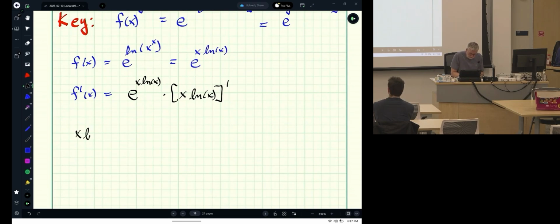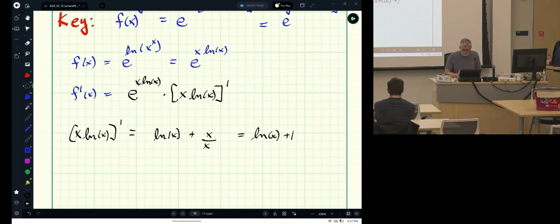And then x log of x prime, derivative of x is 1, so we get natural log of x by the product rule, and then we have x times the derivative of log of x, which is 1 over x, and so that's natural log of x plus 1.